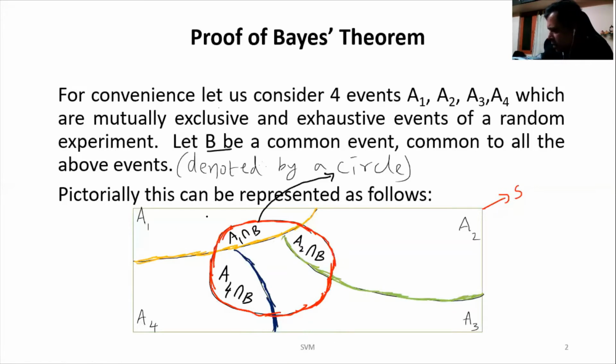That is nothing but A3 intersection B. So what I can do is represent this entire circle B in terms of all these things. That's what we are going to do in the next slide.